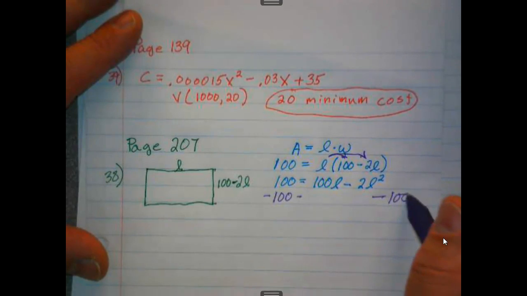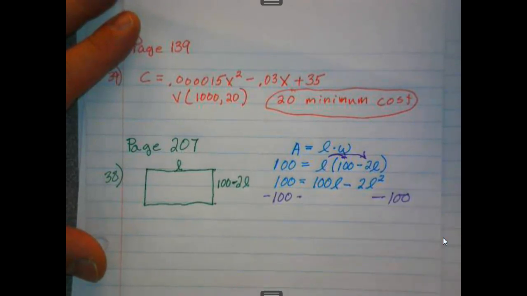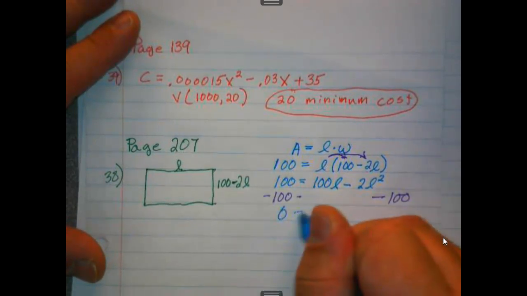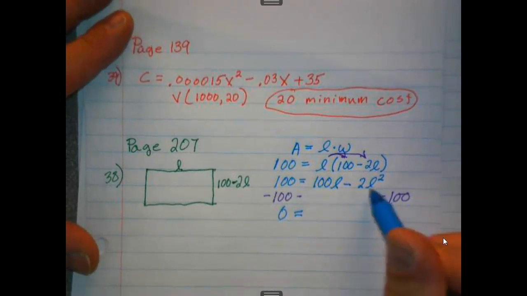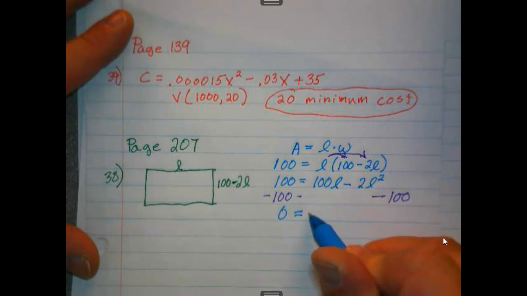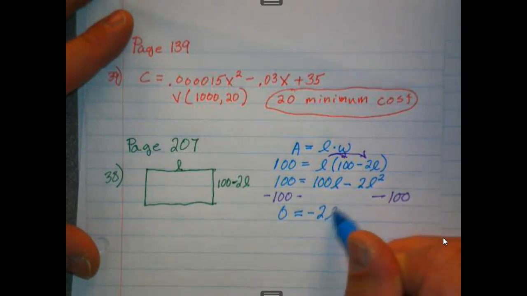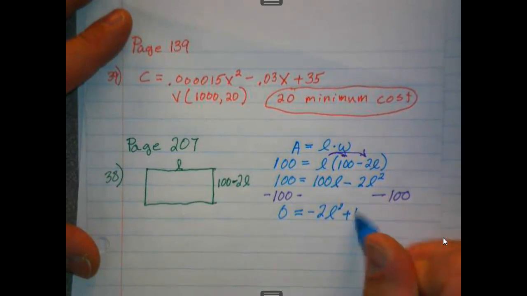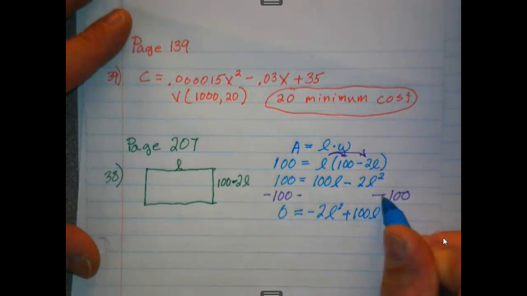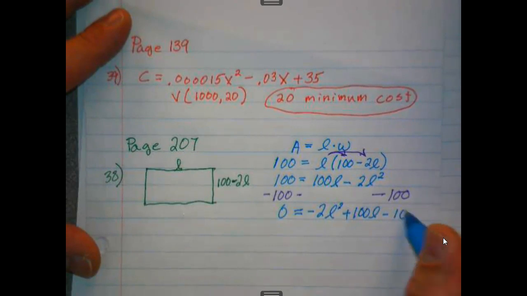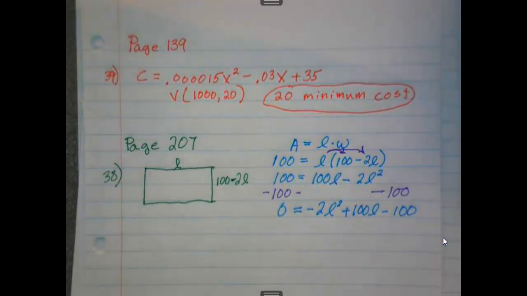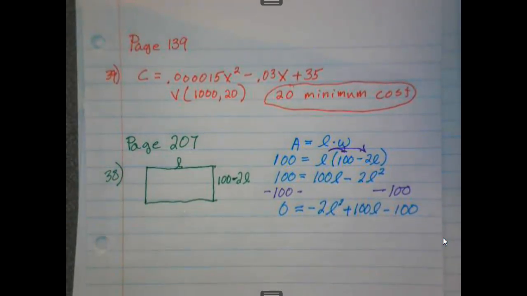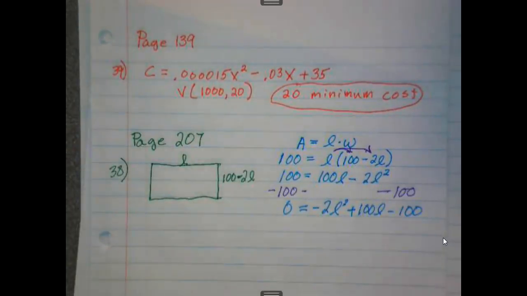So I get 0 equals, in standard form, minus 2L squared plus 100L minus 100. Now I have a quadratic equation, right? I can put this into my graph.